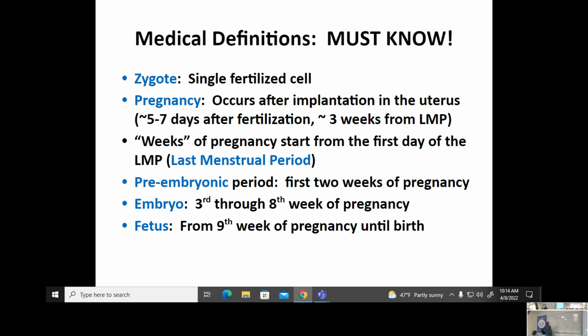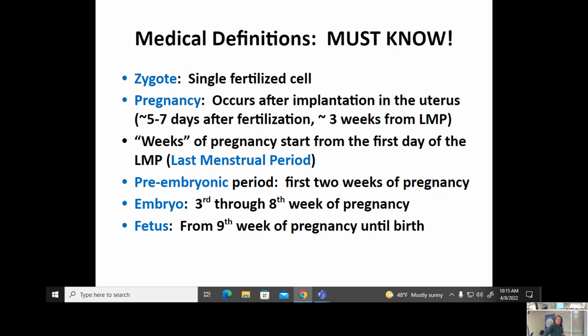So that timeline is going to start from last menstrual period and go until what we call a full term birth. As we go through these topics, for anything that has a time associated with it, you'll want to study what comes first, second, third, and how these events relate to each other in time.